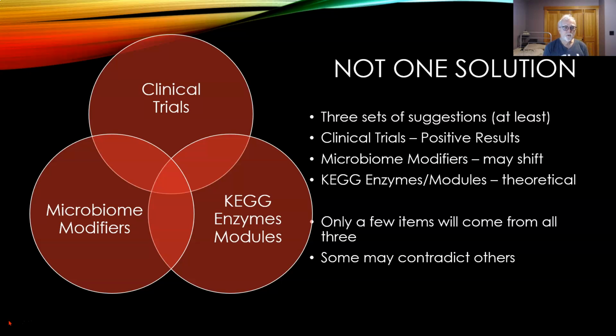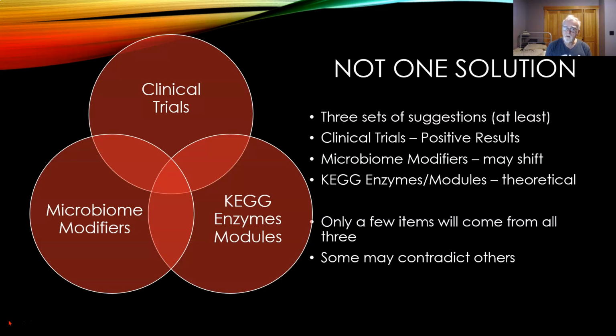Then we have studies which looked at how certain substances modify the microbiome, increasing or decreasing certain bacteria. Clinical trials usually do not look at the microbiome shift, though a few are starting to now.